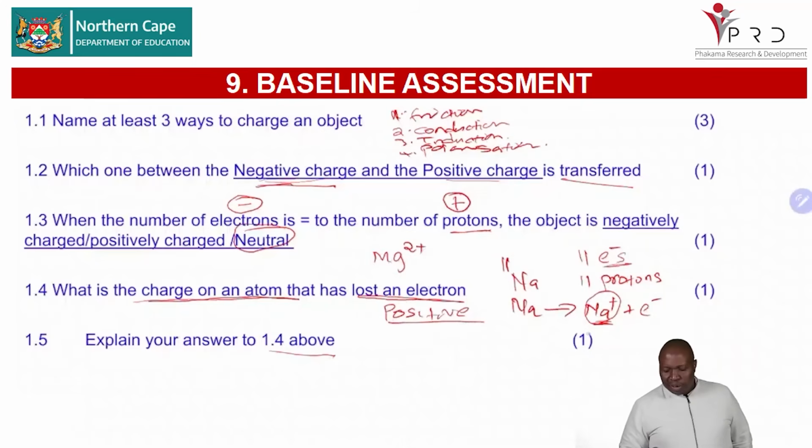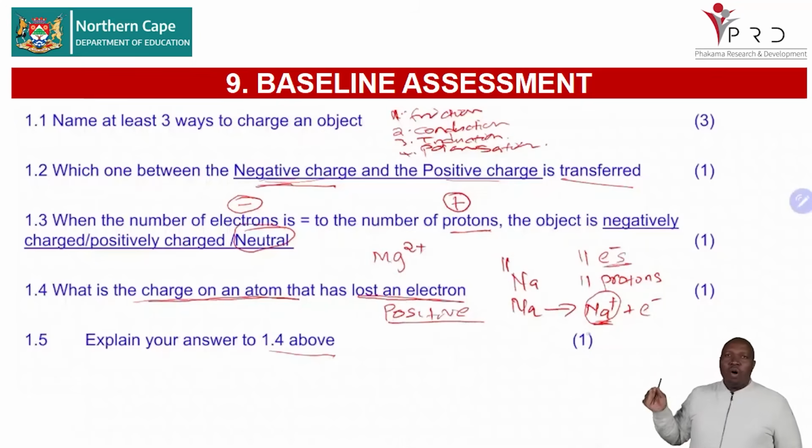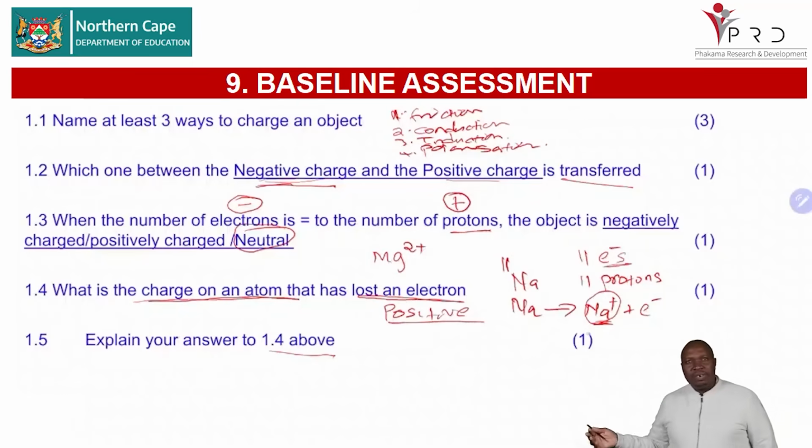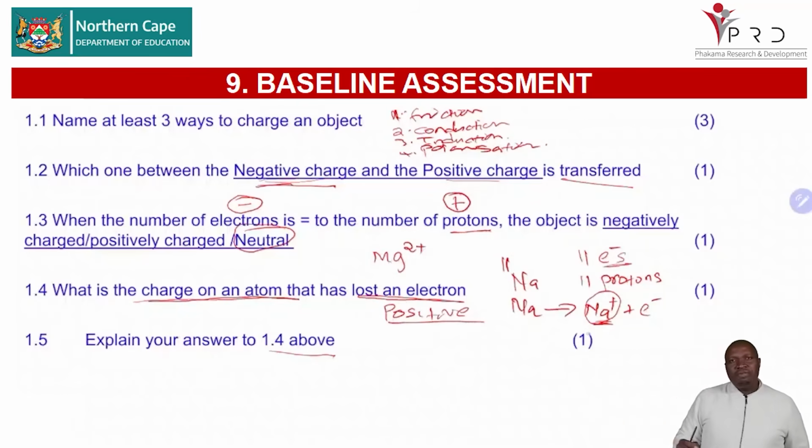Here, we are dealing mostly with positive charge, negative charge, and neutral. So our spheres will be positive, negative, or neutral. So it's important for you to understand the meaning of a positive charge. Positive charge means that we have lost electrons. Negative charge means that we have excess of electrons. And neutral means the number of electrons and the number of protons are equal.